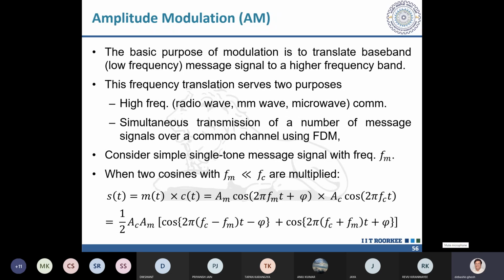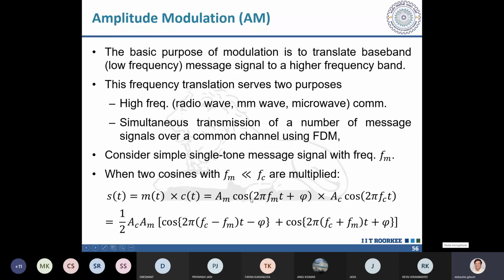But for mathematical simplicity, for understanding the things, we start with a message signal which is a single tone, single frequency. Suppose my message is Am cos(2 pi fm t + phi), where Am is the amplitude and fm is the frequency of my single tone message signal, and there is some arbitrary phase phi. Why am I using this phi?